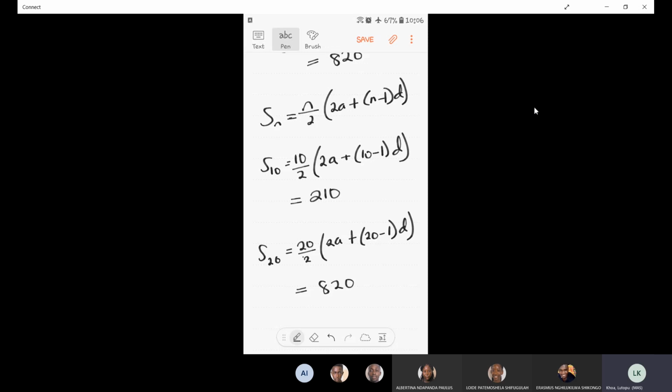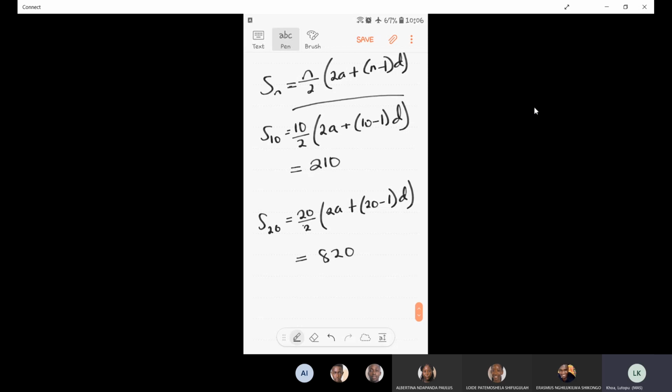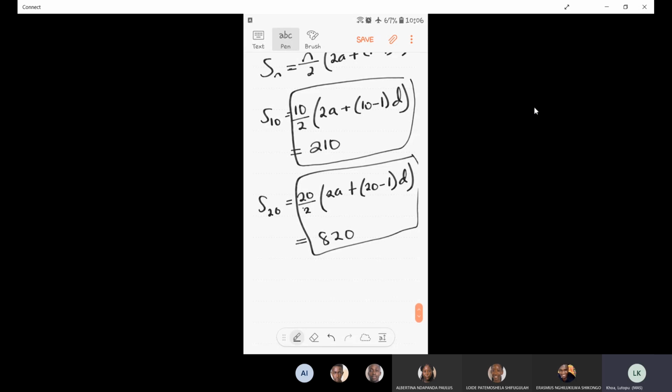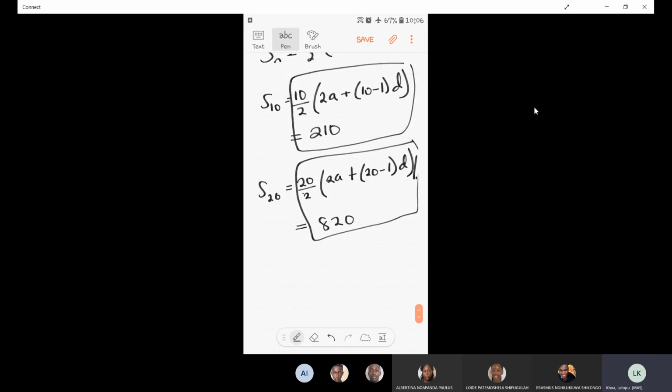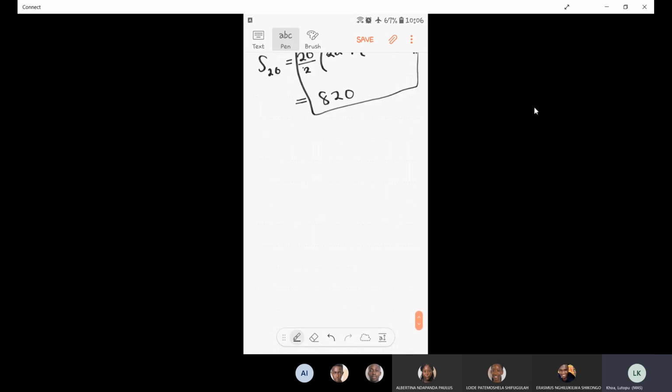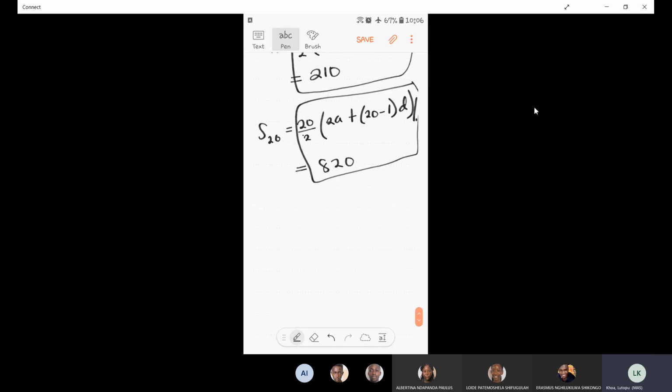And S20 means the sum of the numbers from the first one up until 20. Okay, so I can simplify each of these equations and then I will solve them simultaneously. You'll notice in this chapter we're doing a lot of simultaneous equations. So you need to know how to do those types of questions.